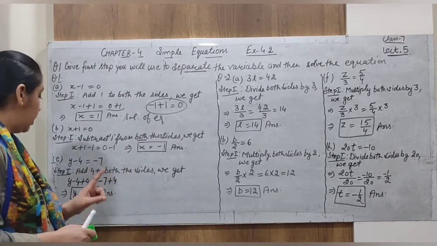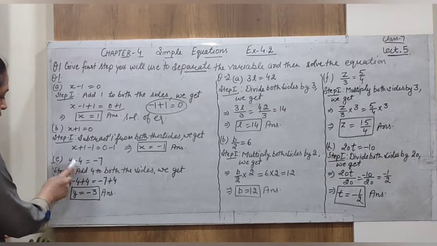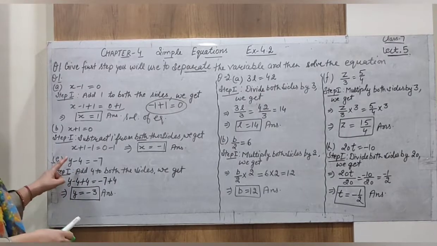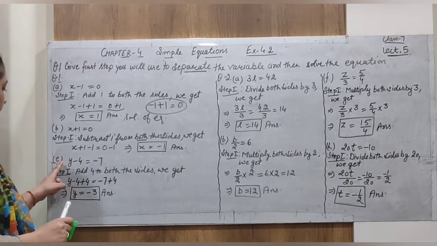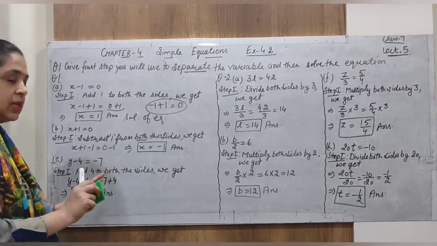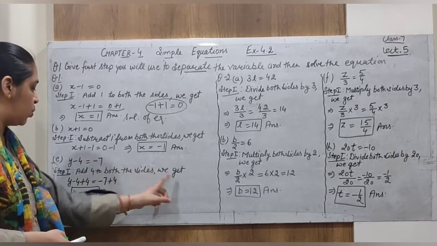As I told you, if a negative sign is given, it is removed only by a positive sign. So when minus is given in front of 4, we have to add 4 on both the sides.